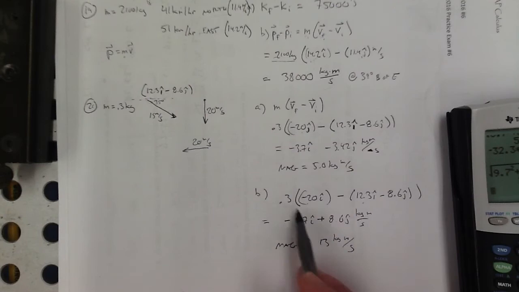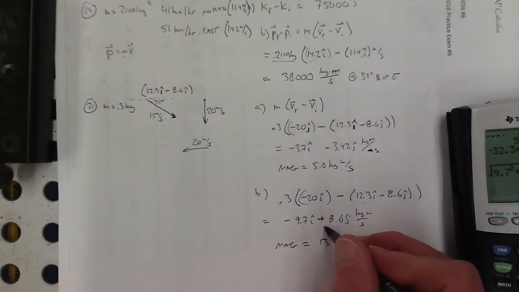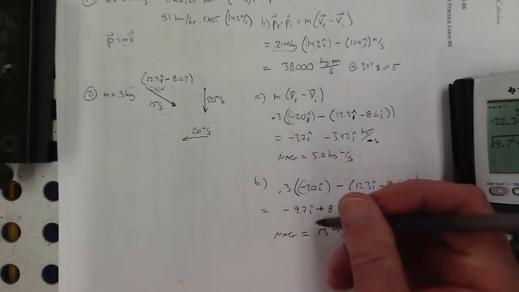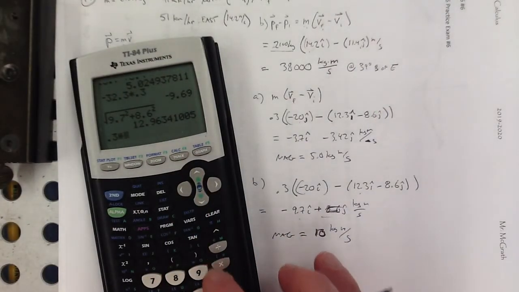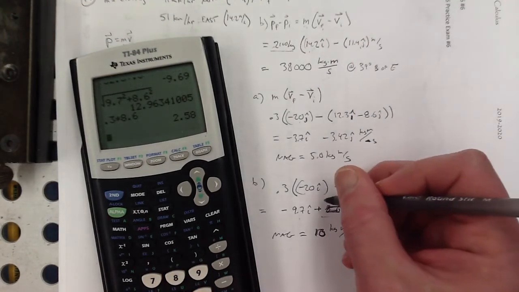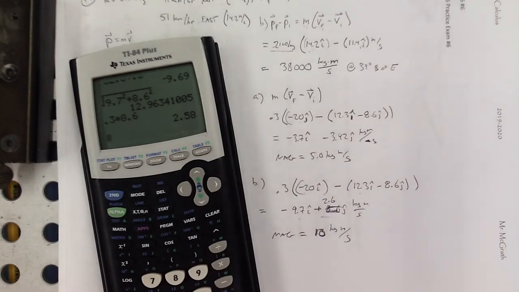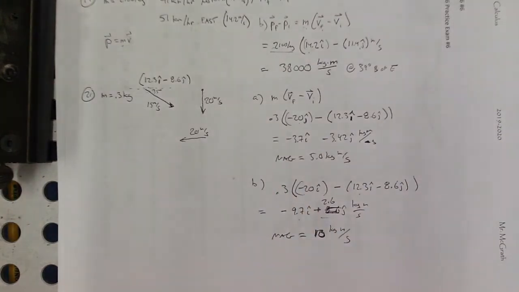Did I forget to multiply? I forgot to multiply this by 0.3. That's what it is. That should be 0.3 times 8.6. Oh, that's 2.6. Yeah, that looks right. Sorry about that. Easy fix.